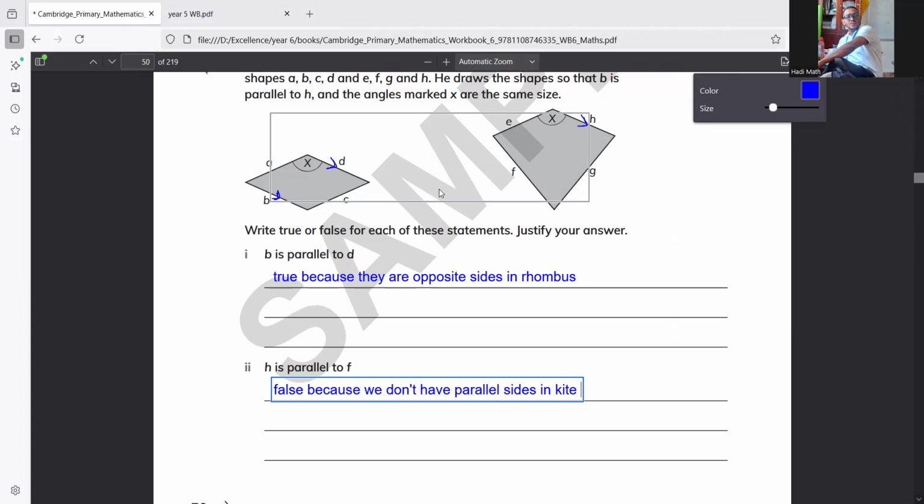This is a kite, but any kite has no parallel sides. You put this in your mind. That's why you cannot say H is parallel to F at all.